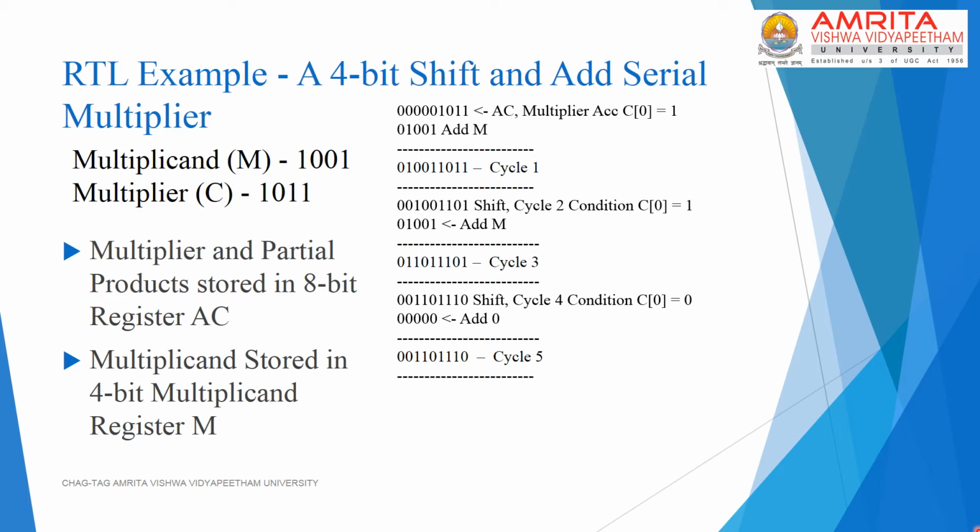Which brings us to the last multiplier bit, which is 1. This means that again the multiplicand has to be added to the partial product.